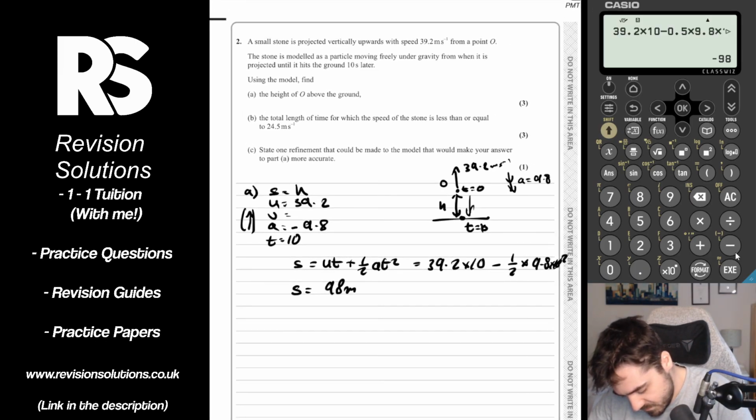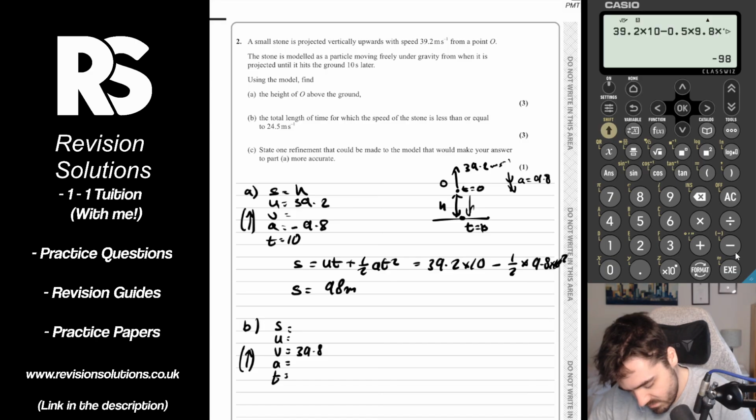So let's do another SUVAT now, where the things we know still are the initial speed. If we take up as positive again, u is 39.2. We're trying to find when the speed of the stone, sorry, u is 39.2.